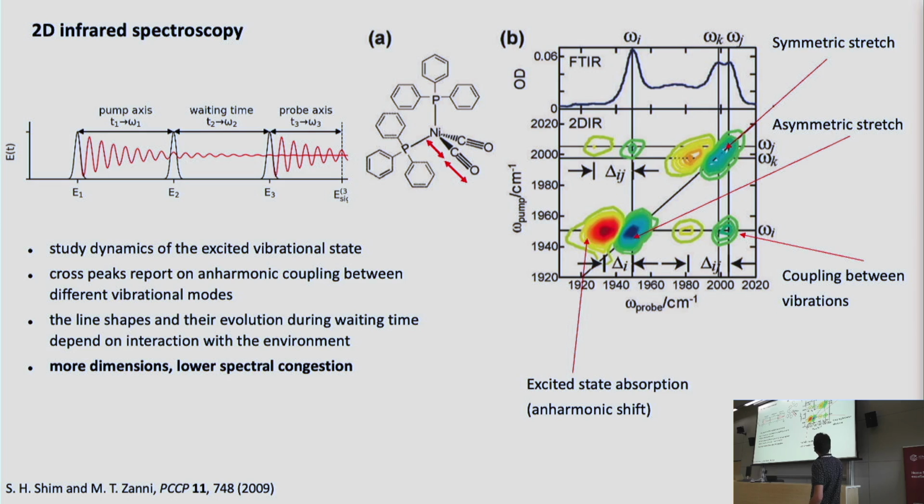So what this means is that on the diagonal, essentially, I have mostly the same information as for linear spectroscopy, but when I get a signal on the anti-diagonal, especially as a function of the waiting time, that means that if I excite this mode and I wait a little bit, then some of this energy flows to the other mode. So there is some kind of coupling in my system that I can track.